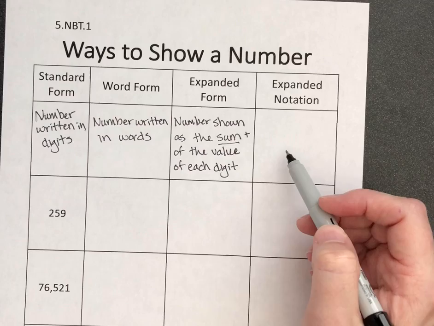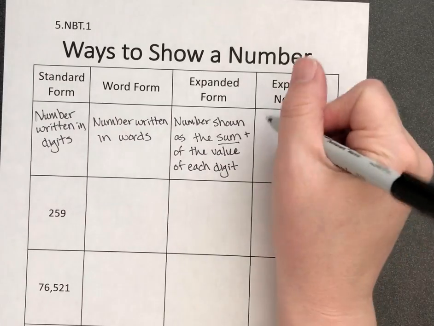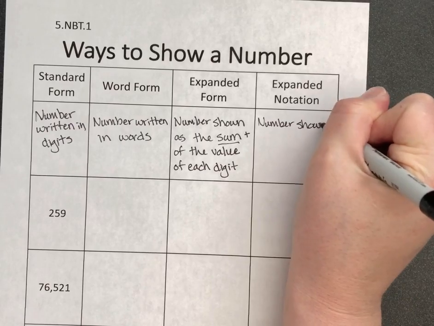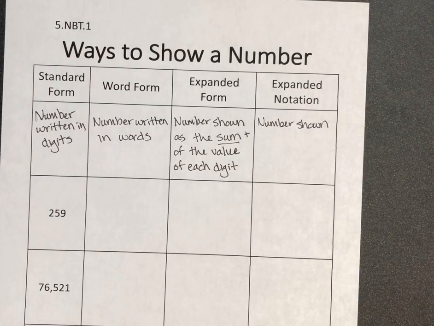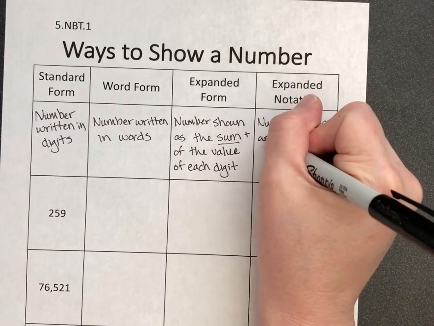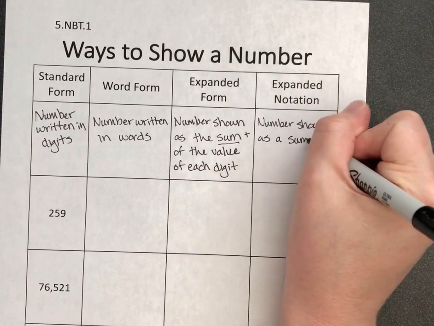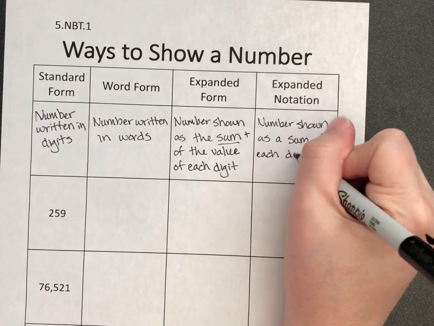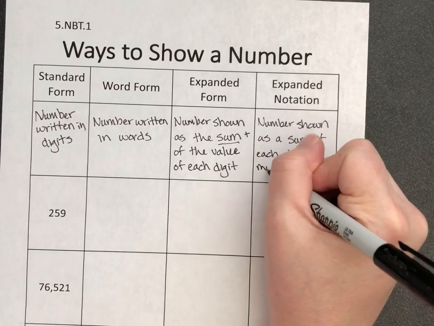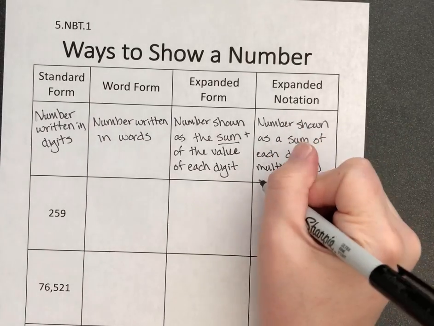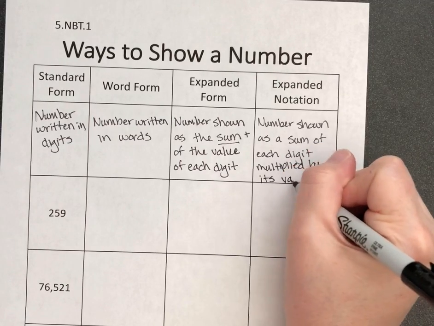For expanded notation, this is a number shown as a sum of each digit multiplied by its value. So it's a little bit different. So it's a number shown as a sum of each digit multiplied by its value.